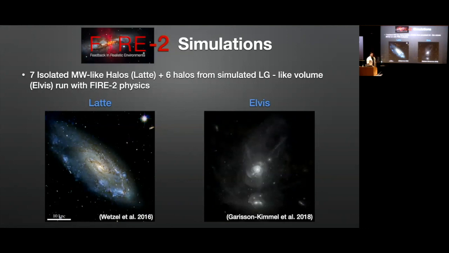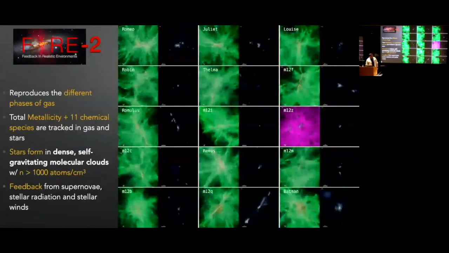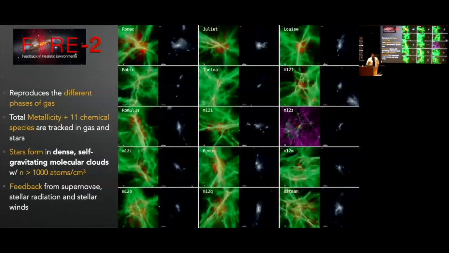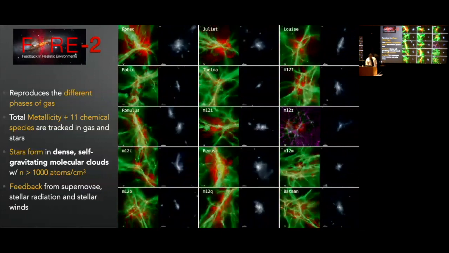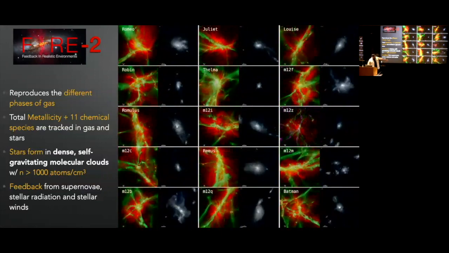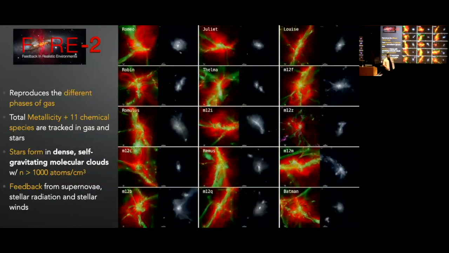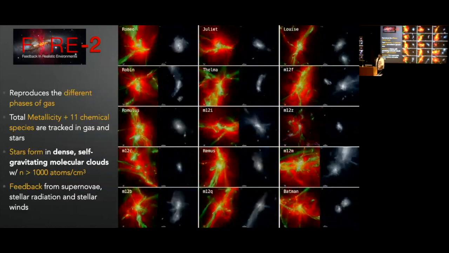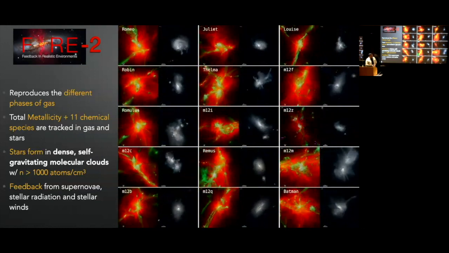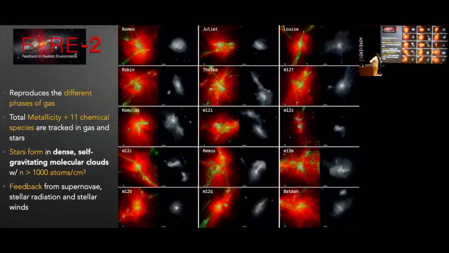Just to give you all some background on the FIRE simulation, here is a bunch of movies of all of the different galaxies. Some of them are not in our sample, but most of them that are in our sample are here. On the left, you've got the gas. On the right, you've got all of the stars. What FIRE does is it reproduces the different gas phases in the galaxy.